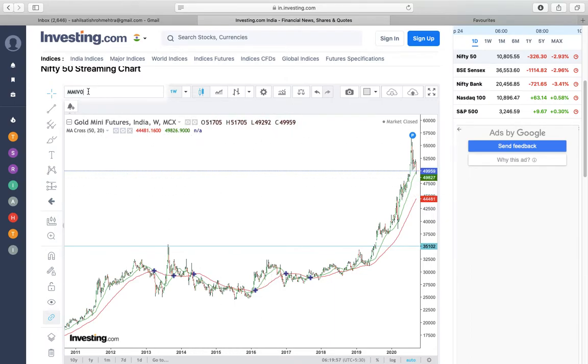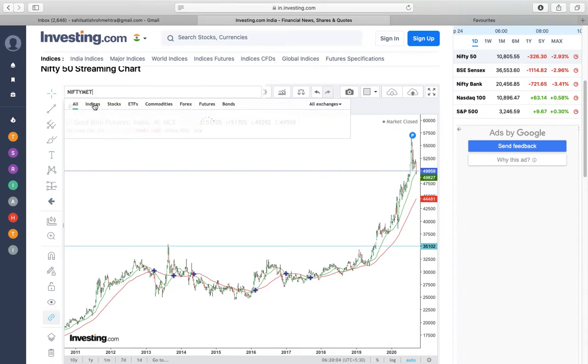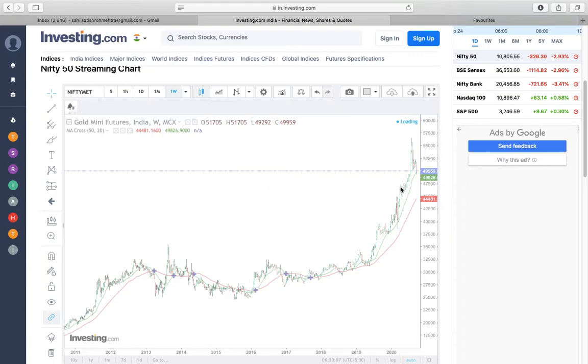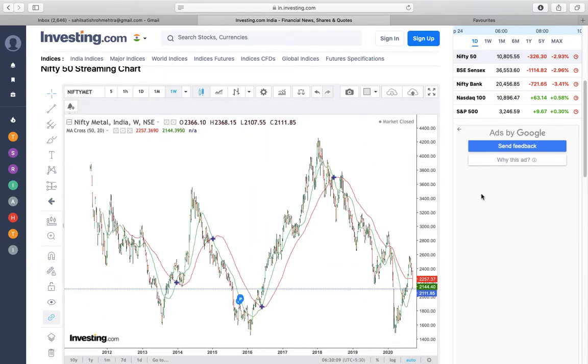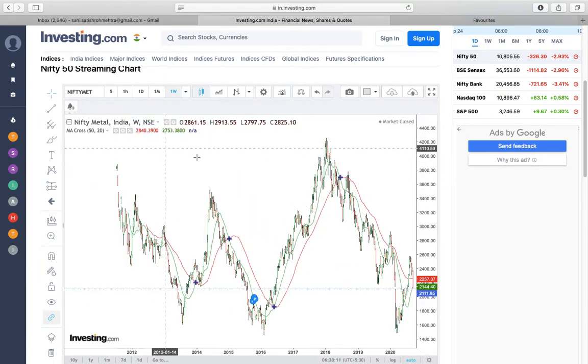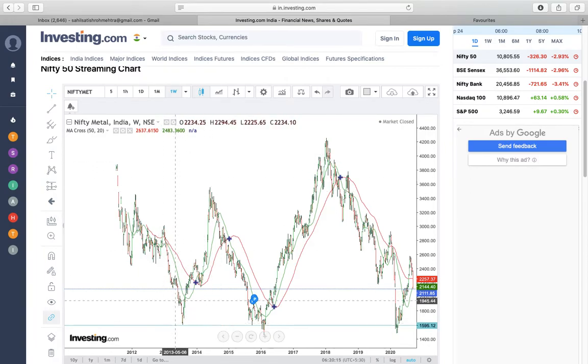It is not to say, for example, if I replace this chart with something like this one, now this here is the Nifty Metal Index. Here we can obviously see that this is a ranging chart. There is no ambiguity about it.